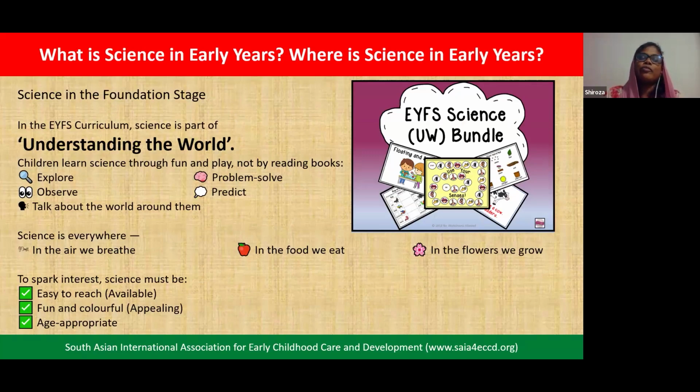Children learn science through fun and play, not by reading books. Exploring, problem solving, observing, predicting, talking about the world: these show they are learning and understanding the world. So when they are asking questions out of curiosity, we should answer them. Then they learn science.